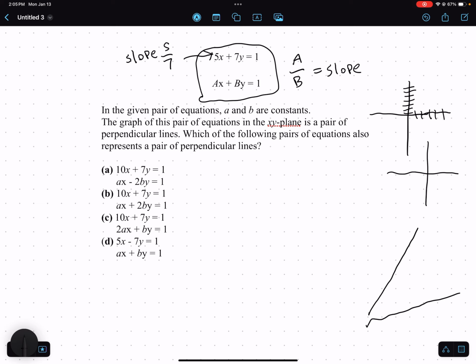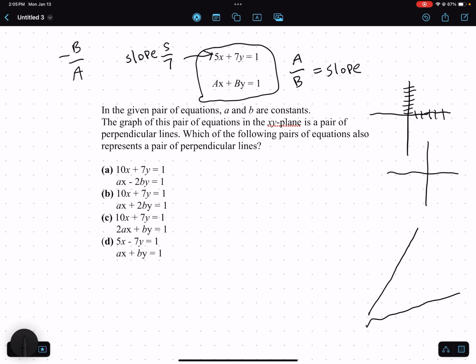There's an easy way to find the relationship between the slopes of two perpendicular lines. All it is is the simple expression negative b over a, where in the same equation, b and a are the same variables. So if we had a line with slope 5 over 7, a perpendicular line would have slope negative 7 over 5.